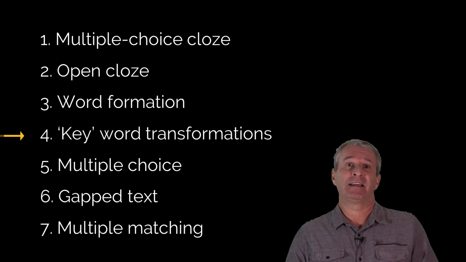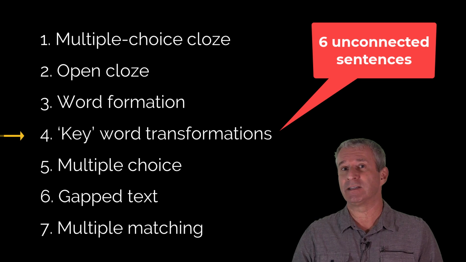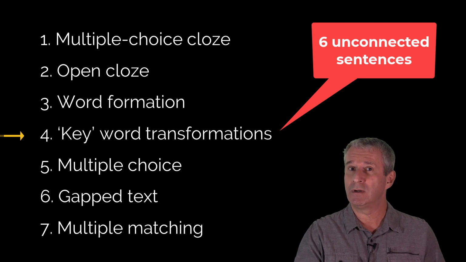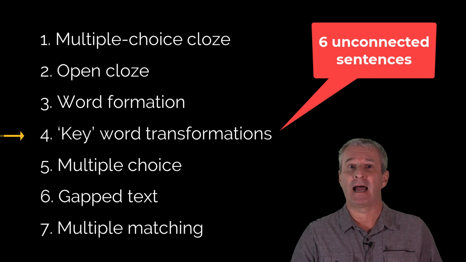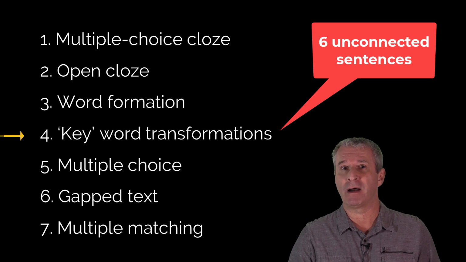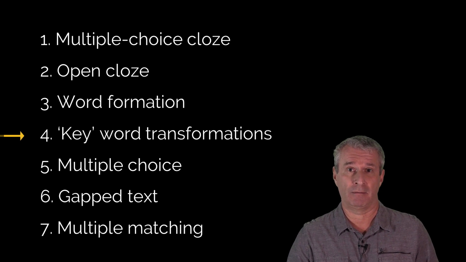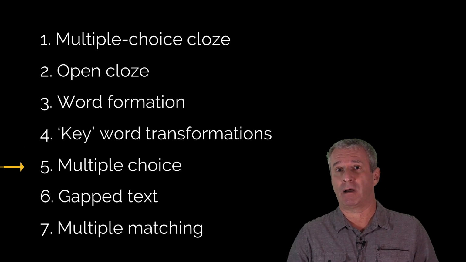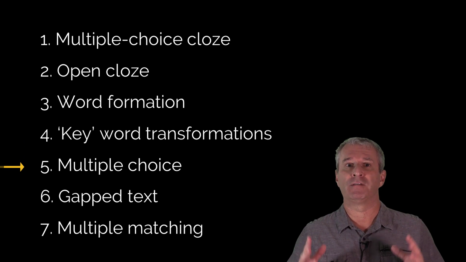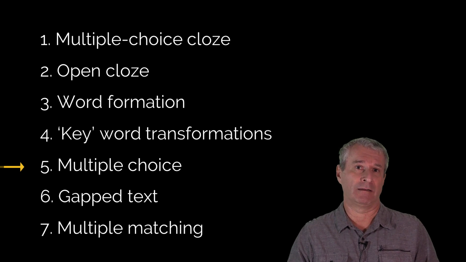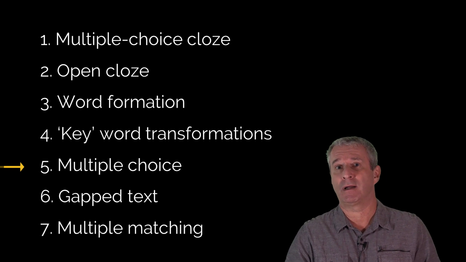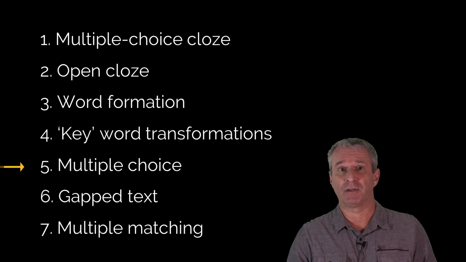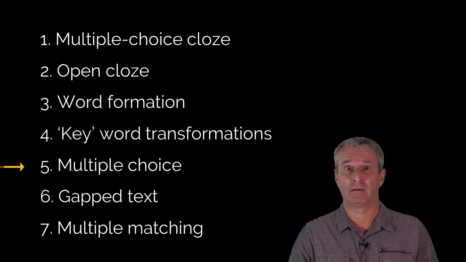You complete 6 separate sentences using 2 to 5 words and a given word that you must not change. Moving on to part 5, this is the first part with a lot of text to read. You read the text and then you answer 6 multiple choice questions.